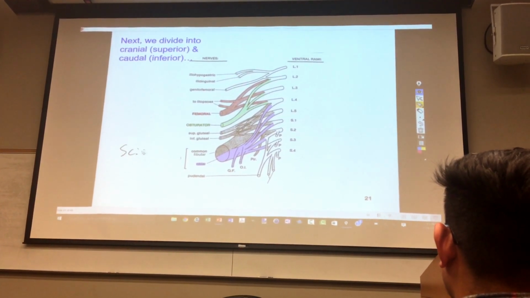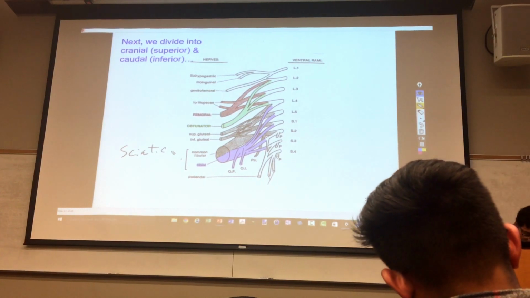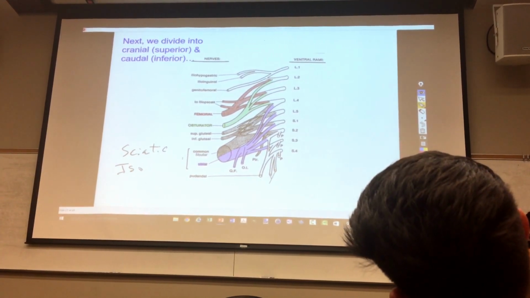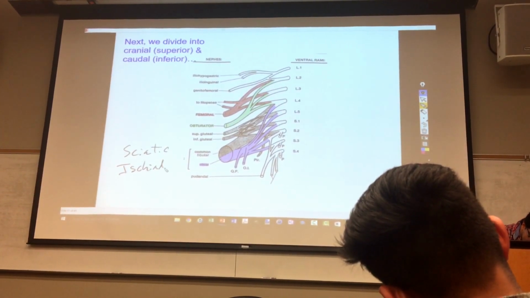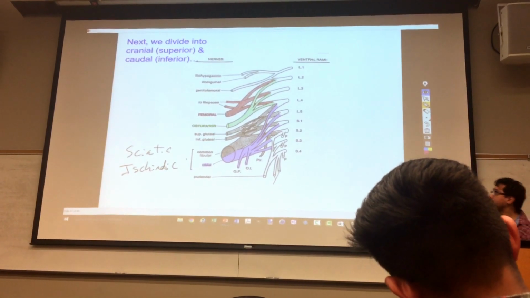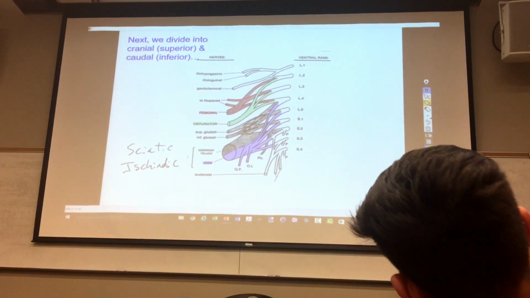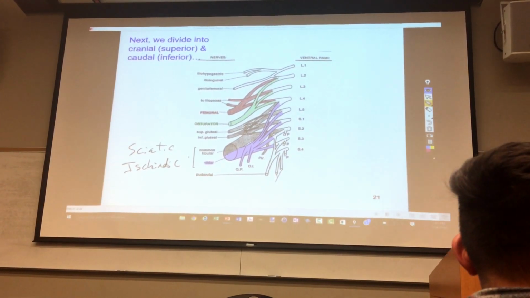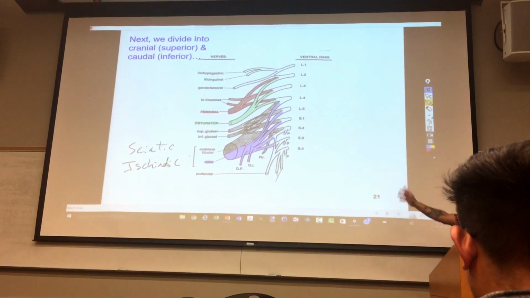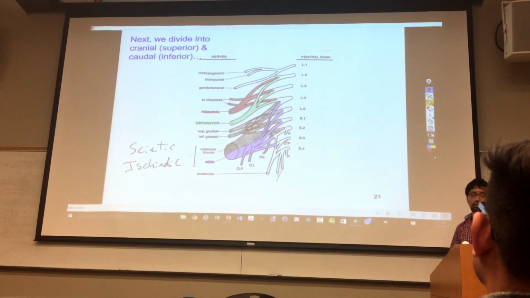Sciatic. Or you can also call it the ischiatic. Same thing, sciatic and ischiatic are the exact same thing. It's the combination of those two things which creates your sciatic nerve, right? Peroneal and tibial running together, okay? So this is your lumbosacral plexus in all of its glory, okay?